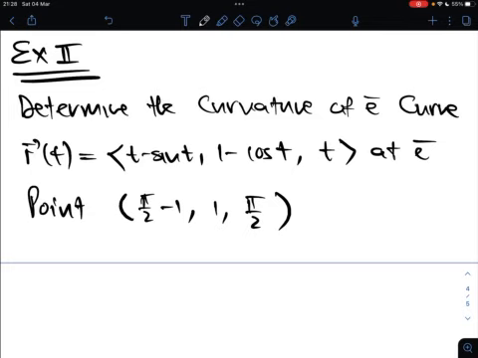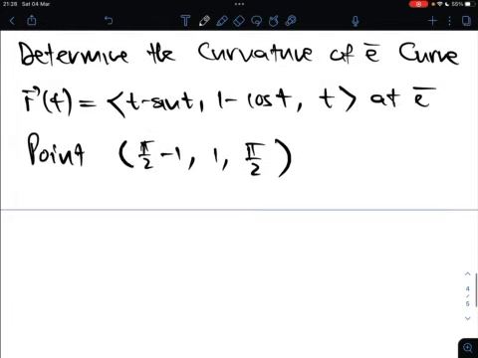So now we want to find the curvature of this curve at that particular point. Remember, every time a point is given, it must always correspond to a particular parameter value, which when you plug it into the position vector, you always get that point out. And to see that, it's always done by inspection.